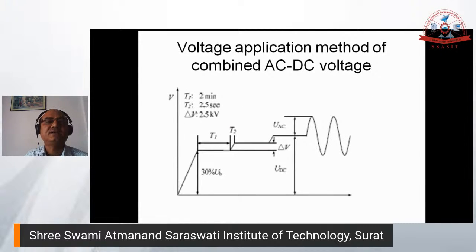There is a certain order to it. DC is applied first, initially applied and kept constant. Then AC is applied on it, so AC will be superposed on it. You can have a higher value of DC magnitude and a lower value of AC magnitude, and based on that you are going to have a resultant.